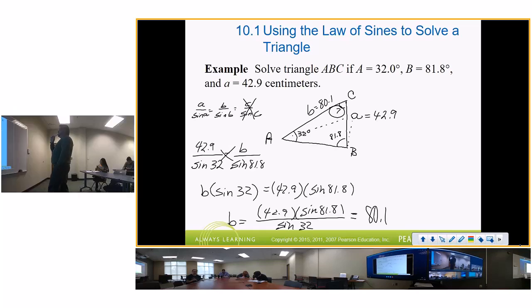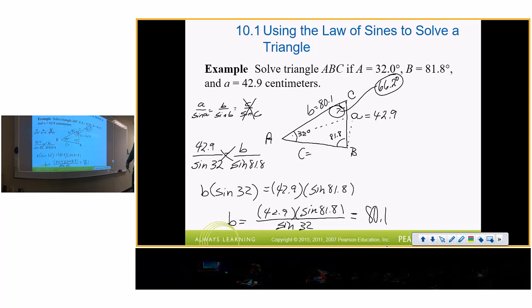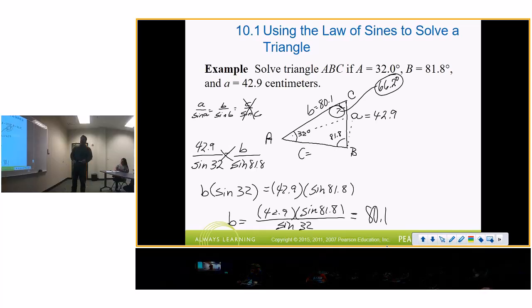You don't have side angle side because you don't have C right here. So 180. What did we say C was? 66 point something. 66.2. Okay, so by using the 180 degree rule, now you can find side C.